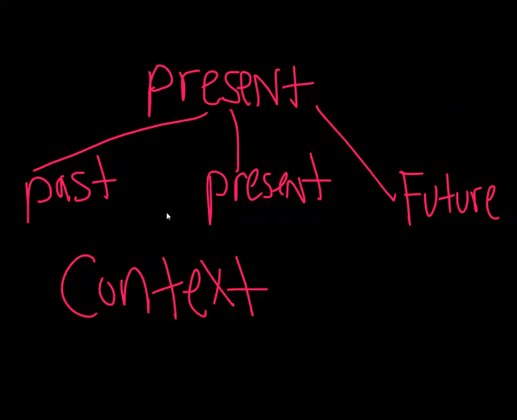Okay, so when we're talking about the Greek present tense, it can actually refer to the past, present, or the future, and context has to determine what's going on there. And I didn't make this description of things. I think I would describe things a little bit different, but I'm just trying to visualize what Chase said.